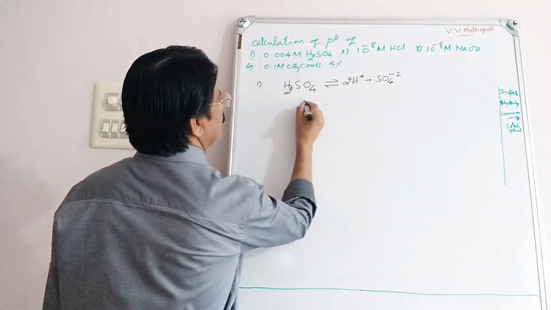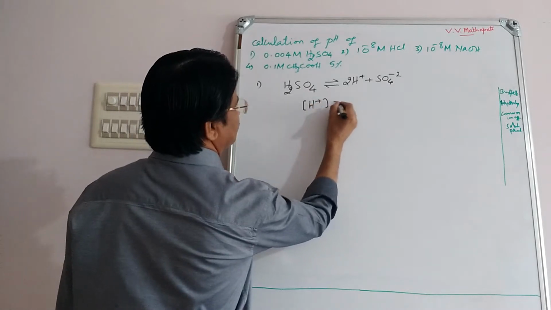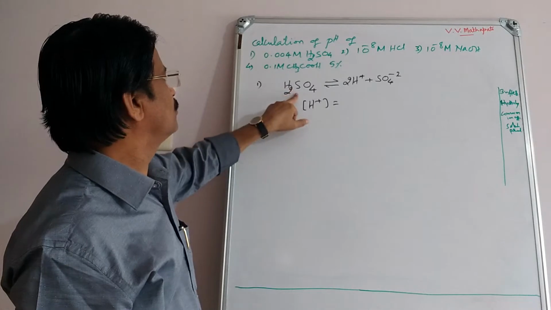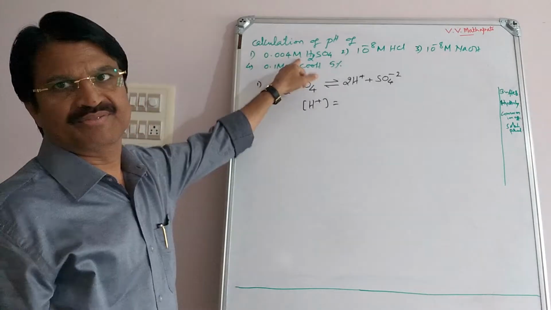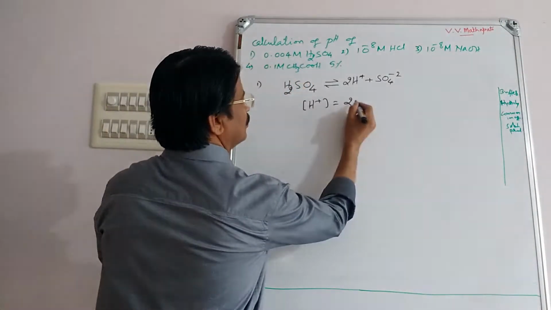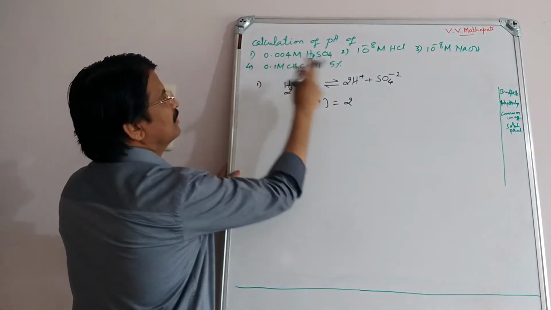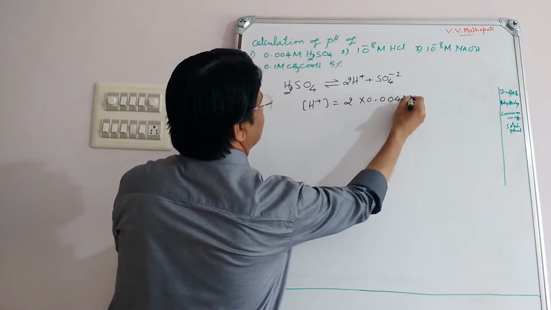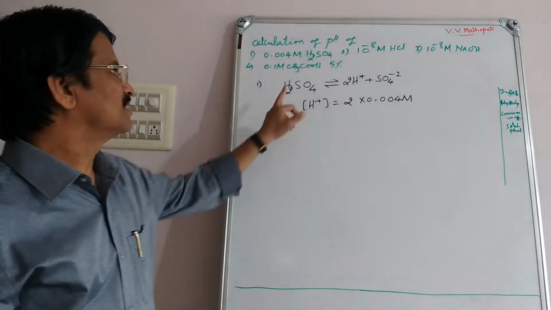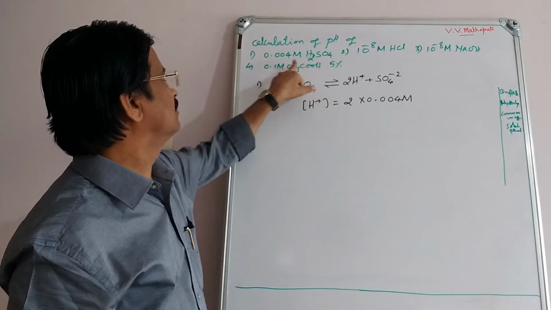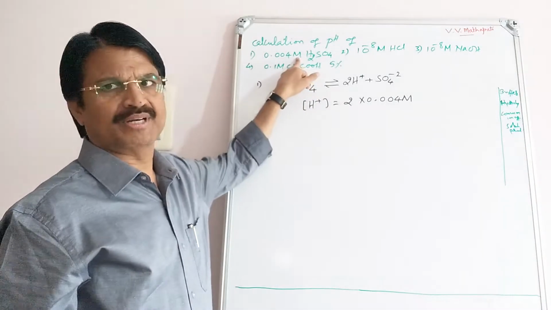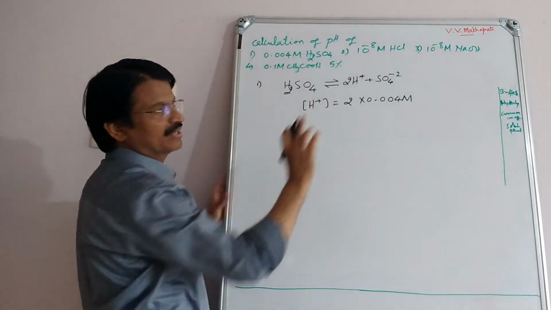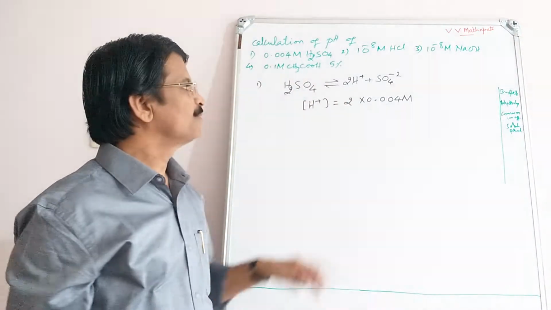Hence the hydrogen ion concentration equals 2 into the given value of H2SO4, that is 2 into 0.004 M. If sulfuric acid and molarity are given, then you convert that molarity into the concentration of hydrogen ion, or in terms of normality.